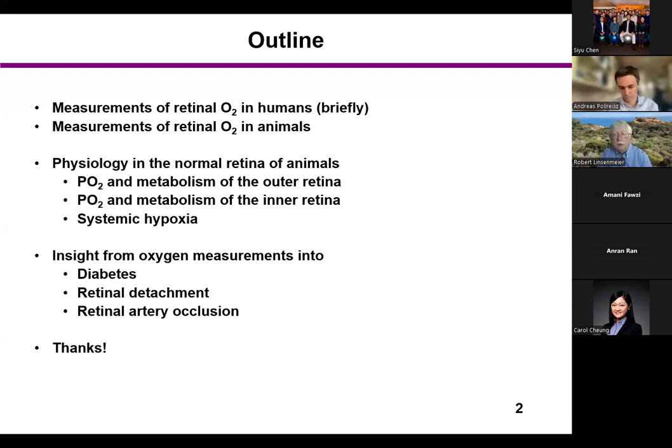Then most of the talk will be about oxygen measurements of retinal oxygenation in animals. But these, we think, apply very directly to oxygenation in humans. We'll talk about PO2 and metabolism in the outer retina and then the inner retina. We'll talk briefly about systemic hypoxia, and then I'll talk a little bit about three clinical situations that we've worked on.